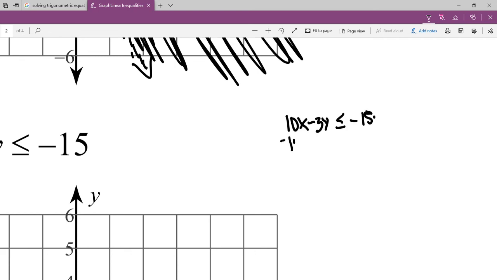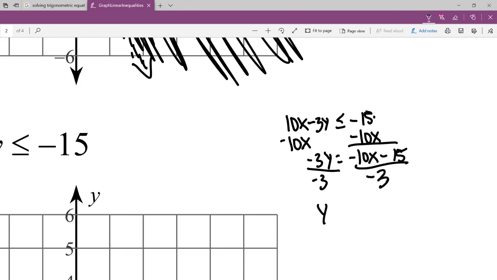You subtract 10x, get negative 3y is less than or equal to negative 10x minus 15, and then you divide by negative 3, you get y is greater than or equal to 10 thirds x plus 5.